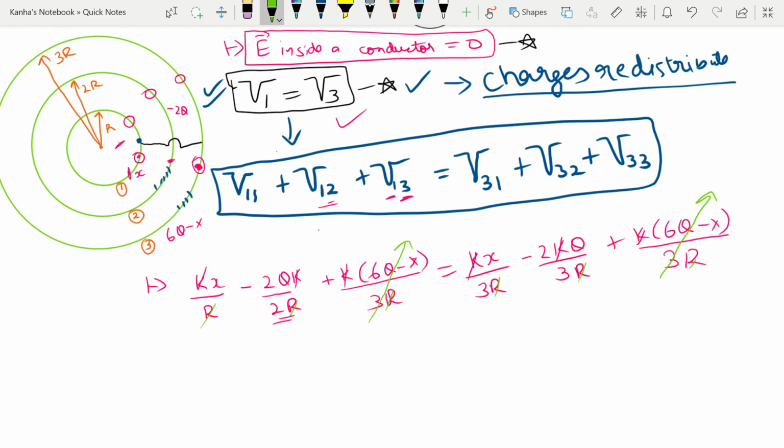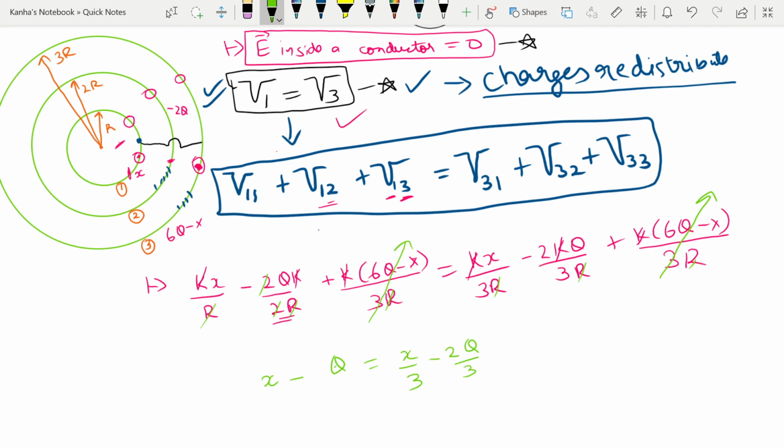So you have x minus (2x minus q) is equal to x by 3 minus 2q by 3.